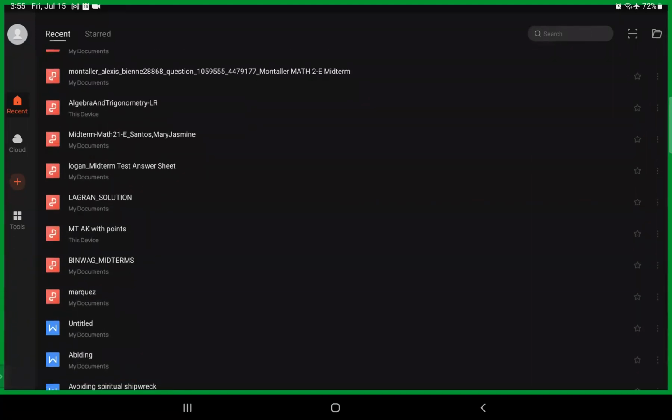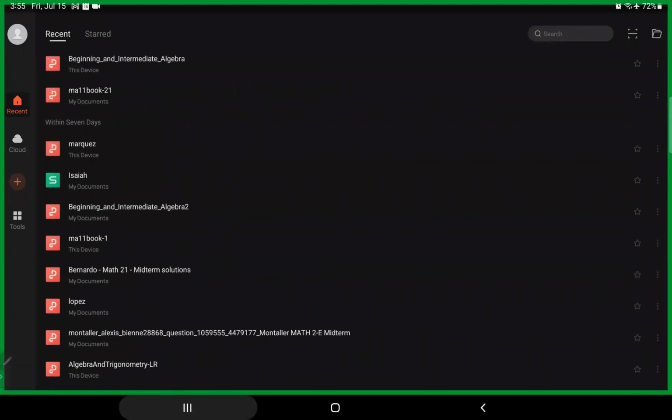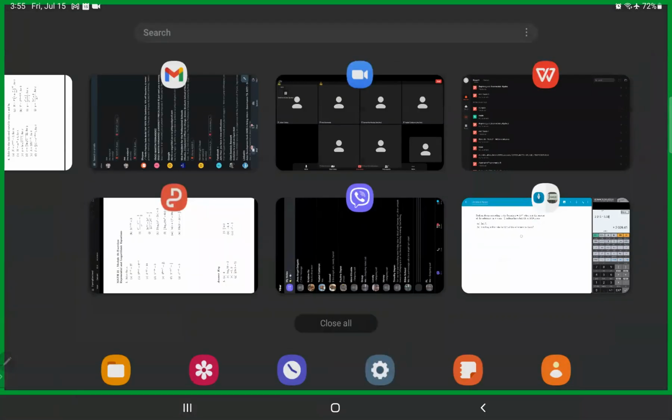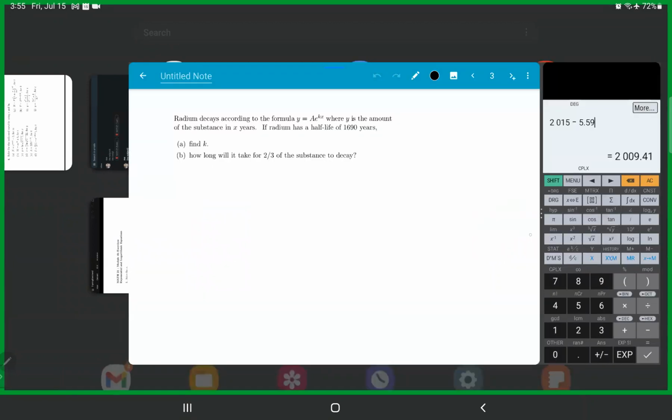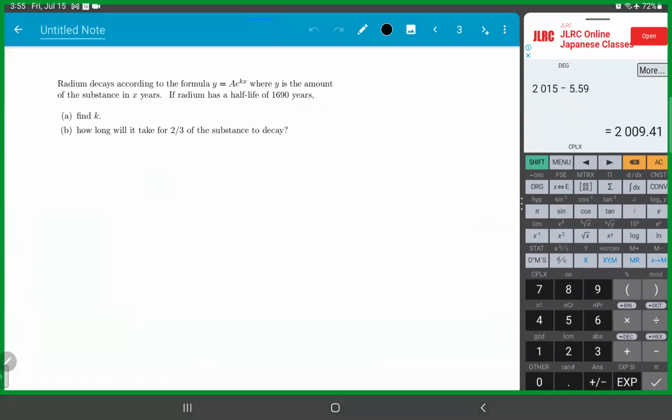Hindi ko nakita mabuti yung problem. Anyway, sana magbigay ng iba pa. Okay, sige, magbigay muna ako ng isa pa.